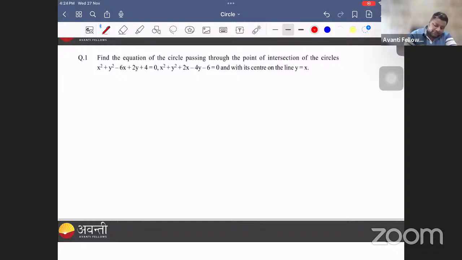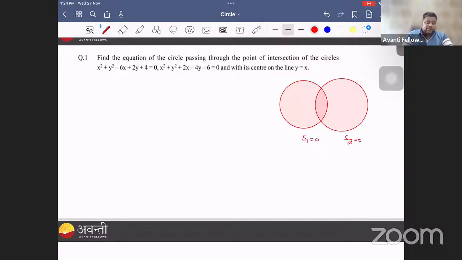Now see, first question I will do. Find the equation of circles passing through the point of intersection of these 2 given circles. So there are 2 given circles to you, S1 equals 0 and S2 equals 0.